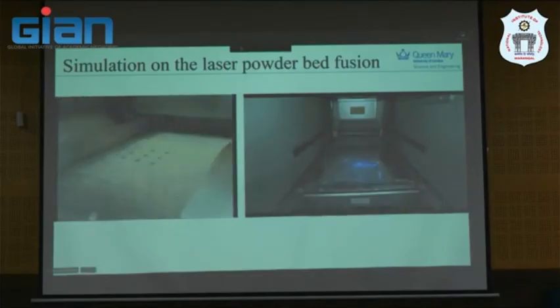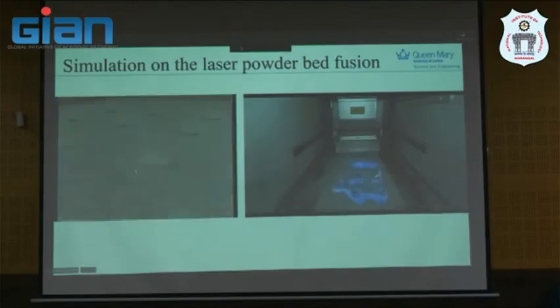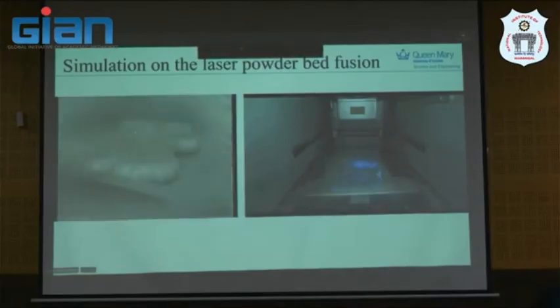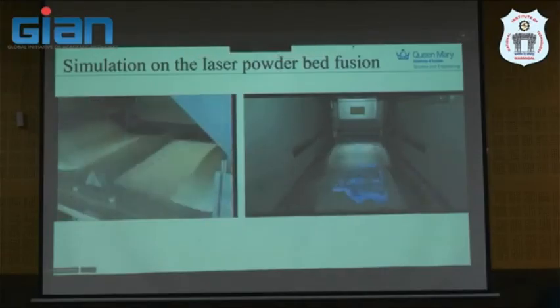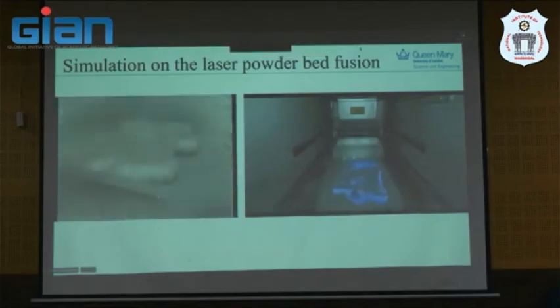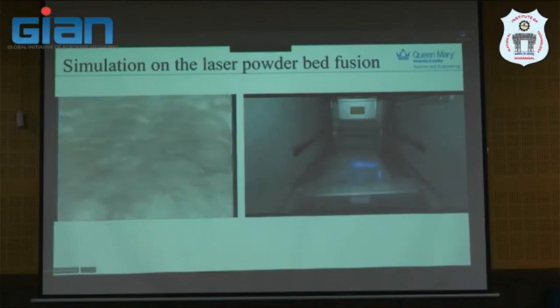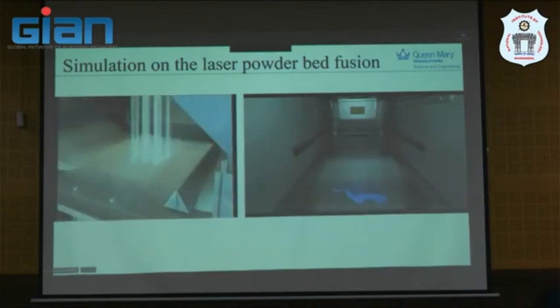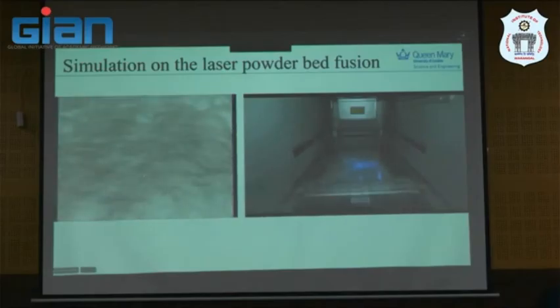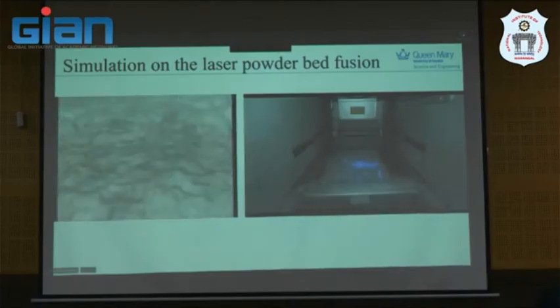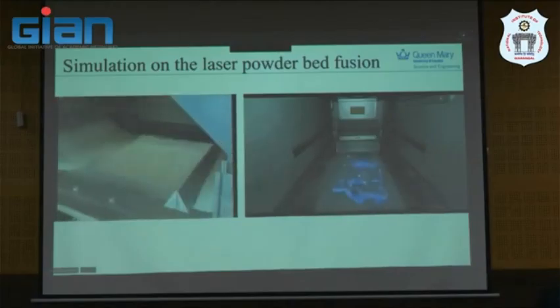And another layer of powder is spread on top of the previous one. The process is repeated until the object is fully formed, layer by layer. After that, it typically undergoes further processes such as heat treatment, surface finishing, or machining to achieve the final required properties and dimensions.